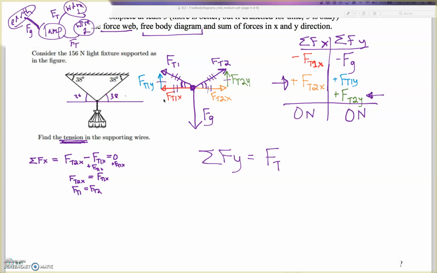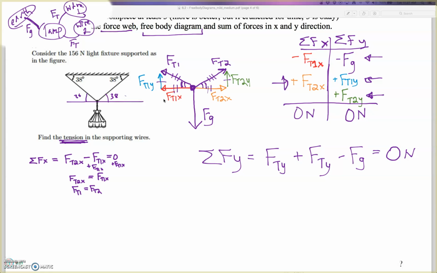So, in fact, I'm just going to write in force tension in the y direction, that green one. Then that other force tension in the y direction. And then that negative force gravity. And I know that all of these are going to add up to 0 newtons.